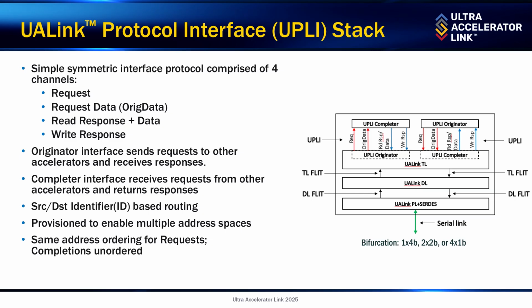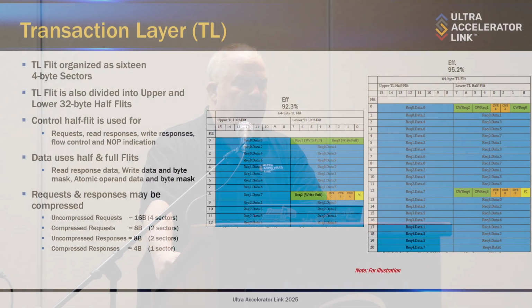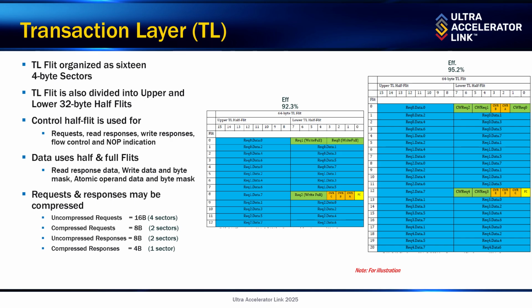The DL takes up to approximately 10 TL flits and packs that into the 640-byte flit for the PHY. The PHY takes it and packs another 40 bytes on it to give you a 680-byte code word at the end of the day. So let's take a look at a transaction layer flit.